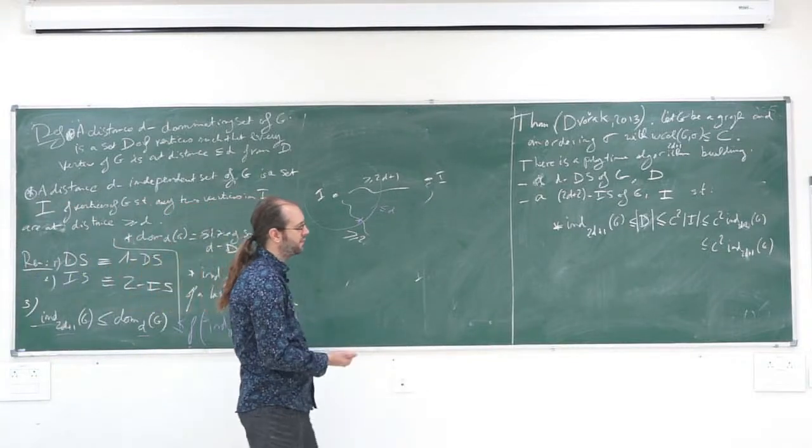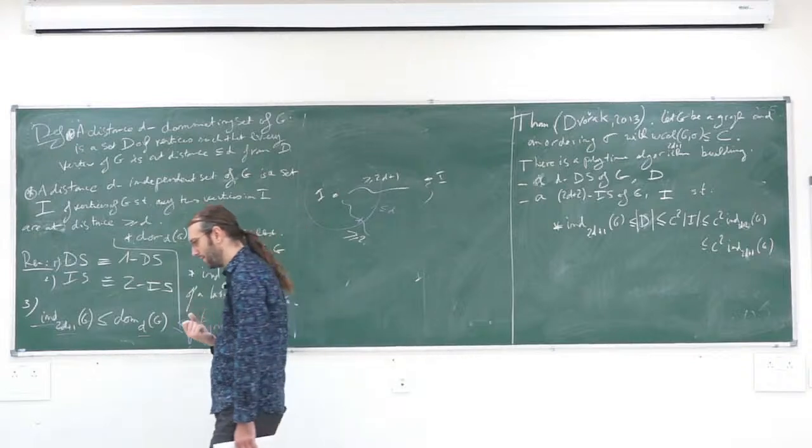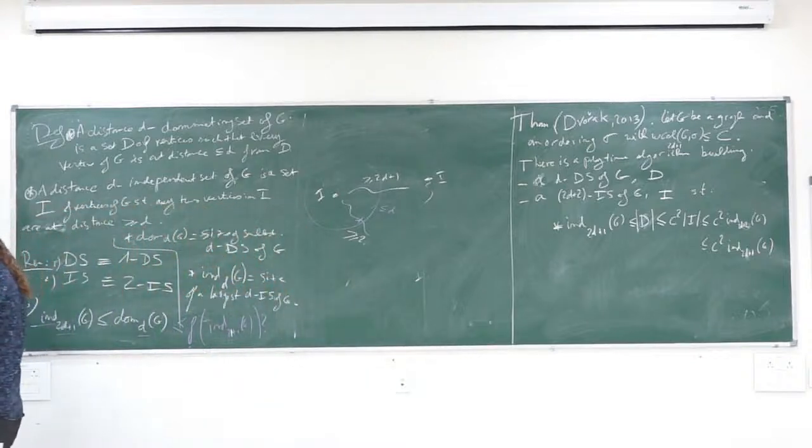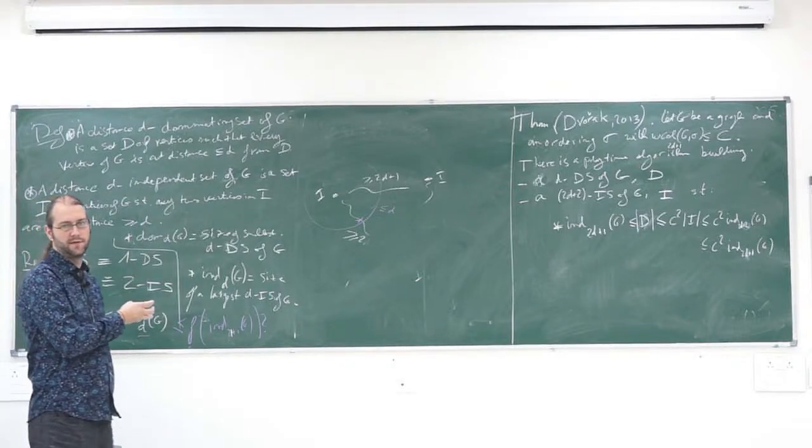So what does it mean? Okay, we need the coloring part, the colored sequence. But we have seen before that if you have a graph class of finite expansion, you can build these things efficiently.